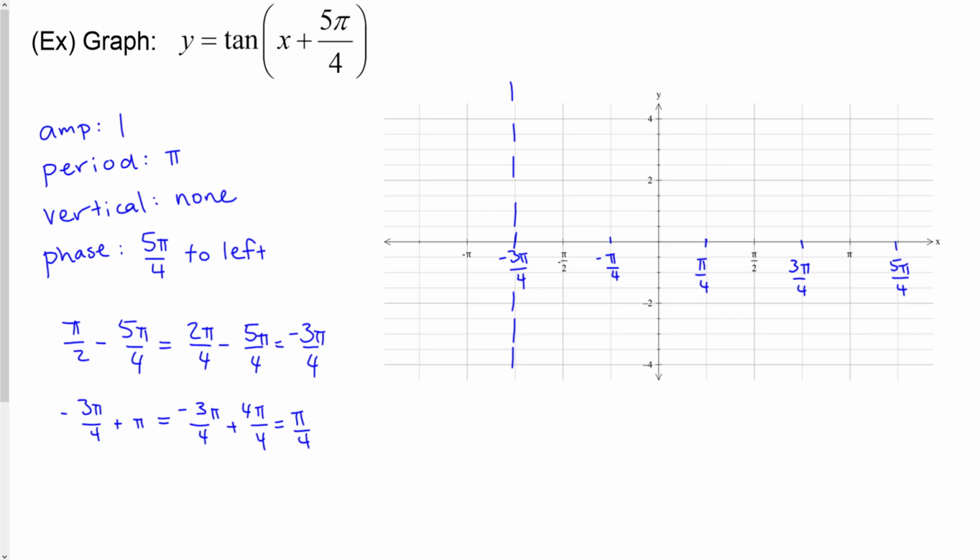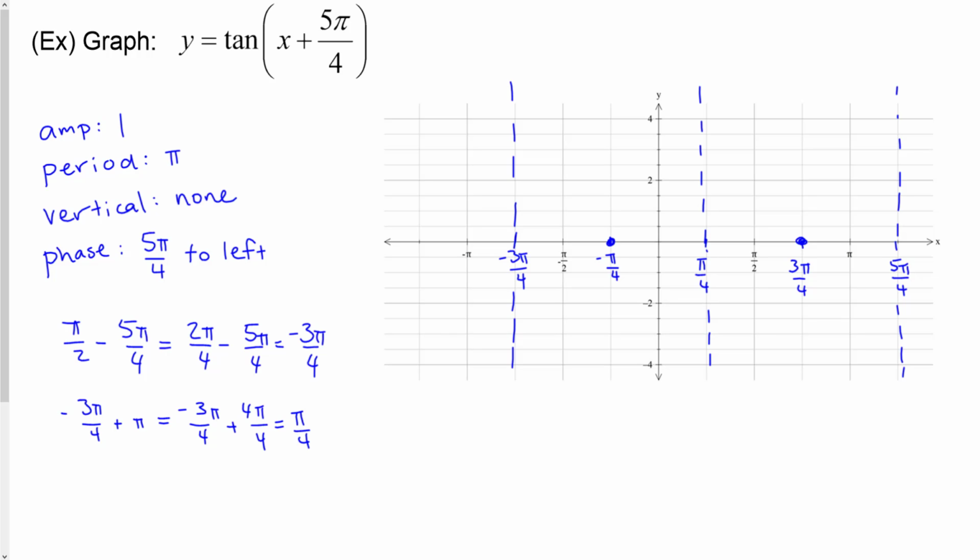That means my next asymptote is at pi over 4. Or 1, 2, 3, 4 units away. So 1, 2, 3, 4. My next one would be 5 pi over 4. So I've got a handle on where my asymptotes are. And the symmetry of this graph tells me that at this particular point here and this particular point here, the graph is going to cross the x-axis. It's always going to be halfway between your asymptotes.